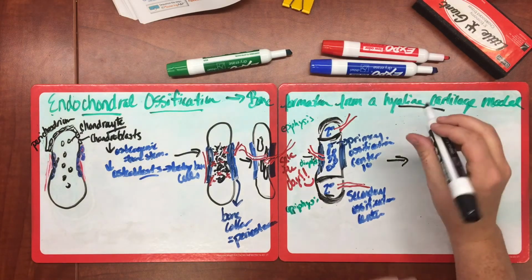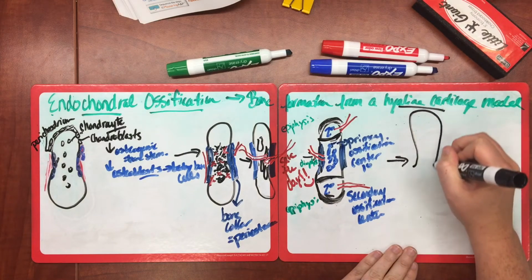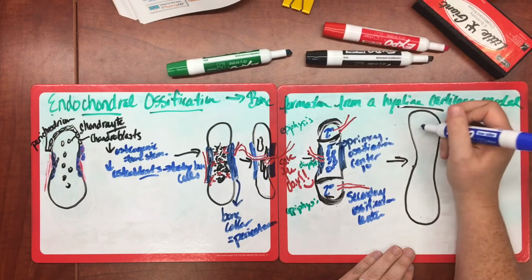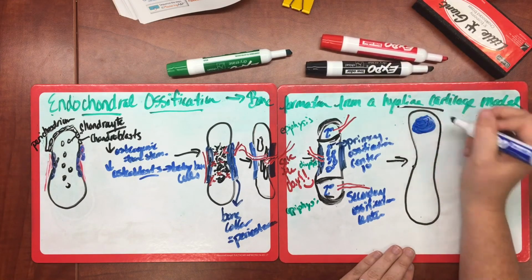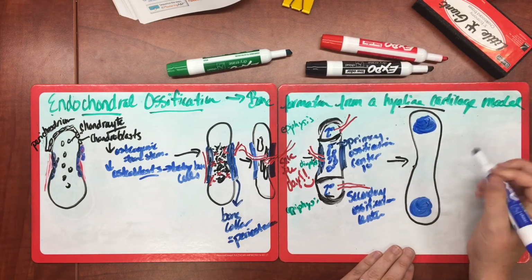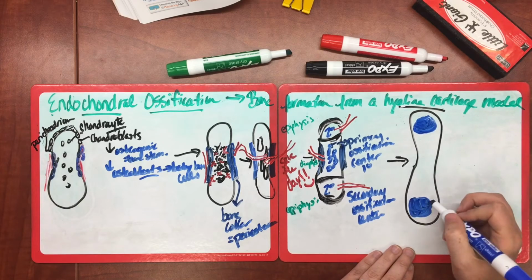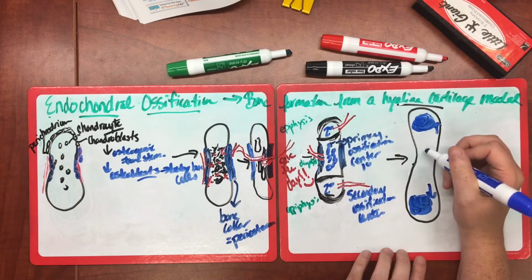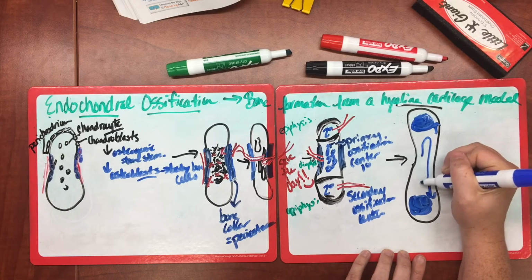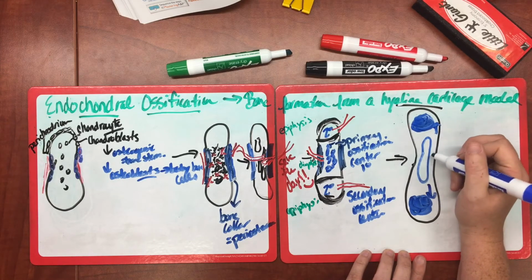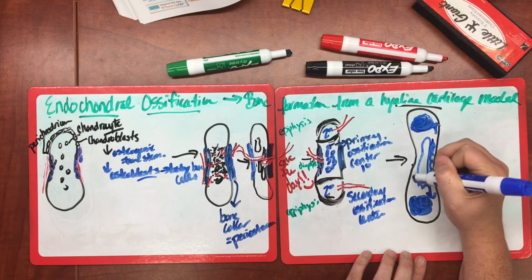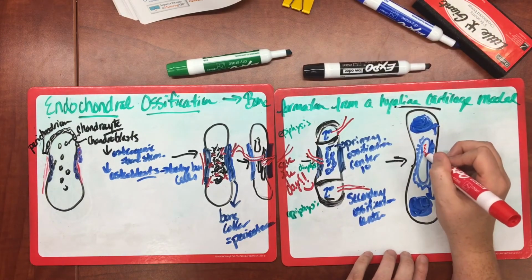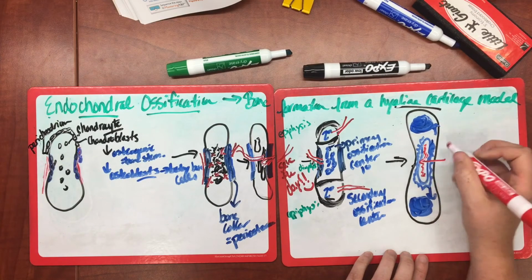Eventually you're going to have this elongation of bone as these centers continue to produce bone. They're continually growing, everything's kind of pushing outwards this way. Also in the middle, you start to hollow out a medullary cavity, with bone around it.